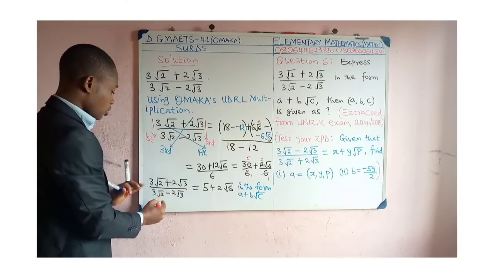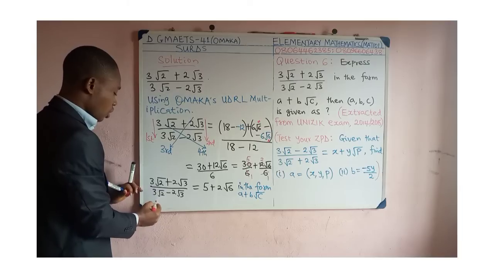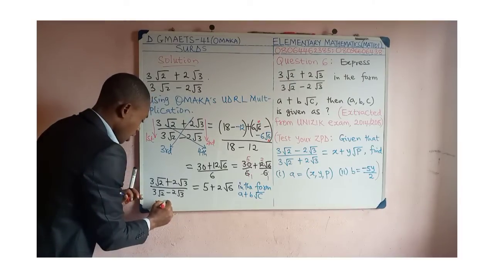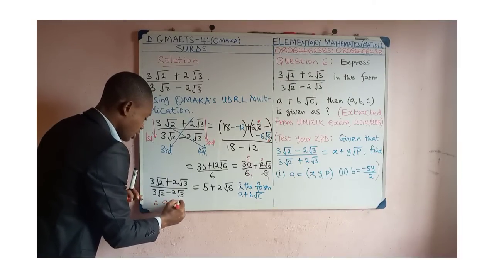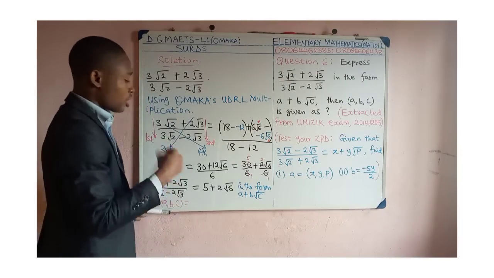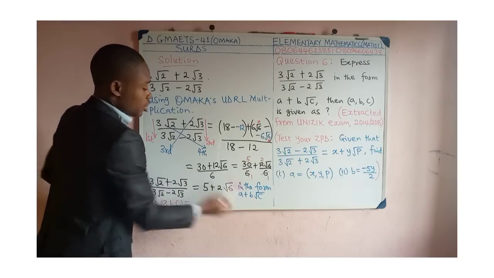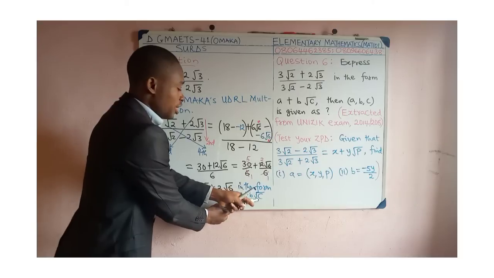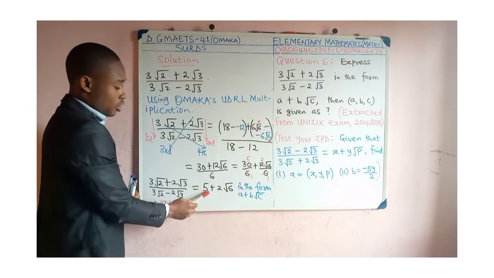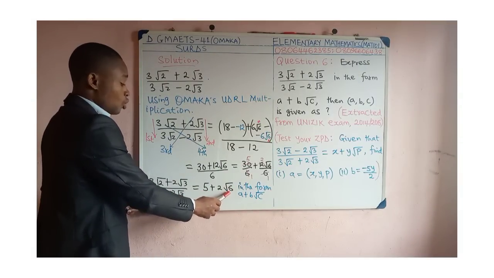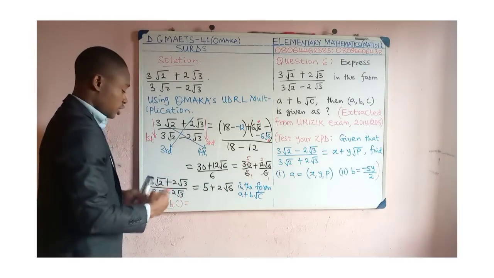So we can now conclude, therefore, we can pick the value of our A, comma B, comma C from it. So A, comma B, comma C will now be equal to, so let's find out. We are now going to compare these results to this. So our A is the part that has nothing to do with the root sign. Is that okay? So you compare here, you notice that 5 is the number that has nothing to do with this surd.